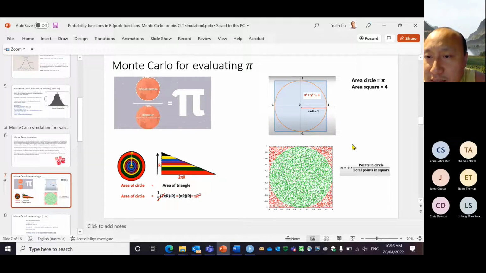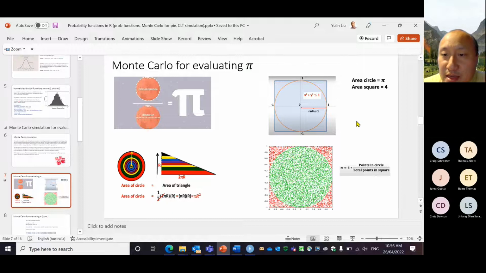I can calculate how many points are falling in this circle. Well, all points will be in the square, but I can calculate how many points are falling in this circle.